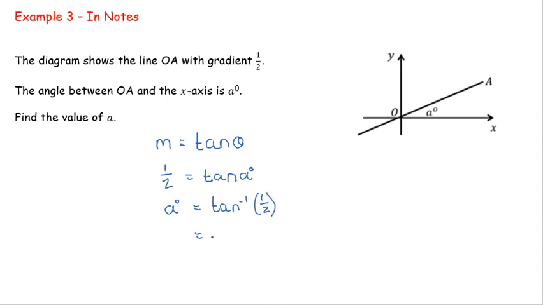And then just fire that in your calculator, and we should end up with 26.565, and so on. So I'll go for 26.6, just to make it nicely rounded. 26.6 degrees. And I'll just double check that the diagram looks roughly right. I'm happy with 26 degrees for a. Seems reasonable.